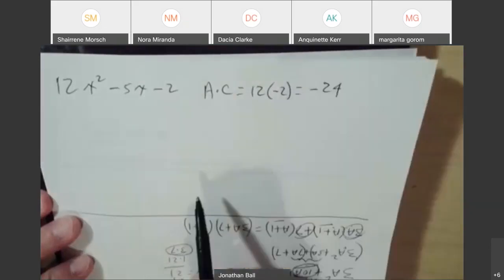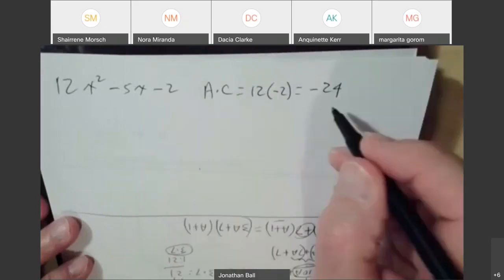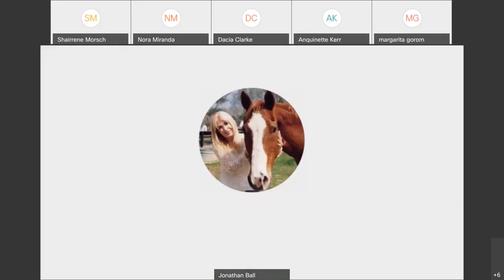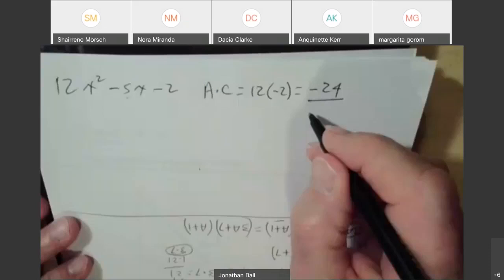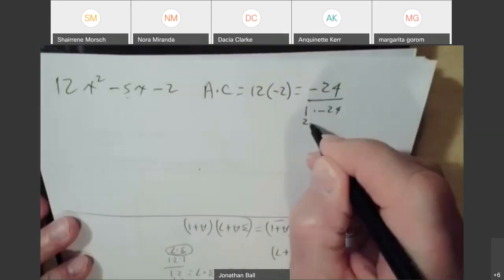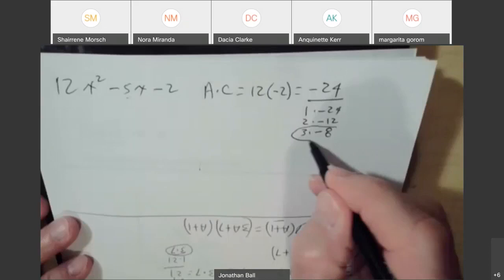Now, what are the factors of 24 that combine together to give us negative 5? 1 times negative 24, 2 times negative 12, 3 times negative 8, there we are. 3 minus 8 is negative 5.